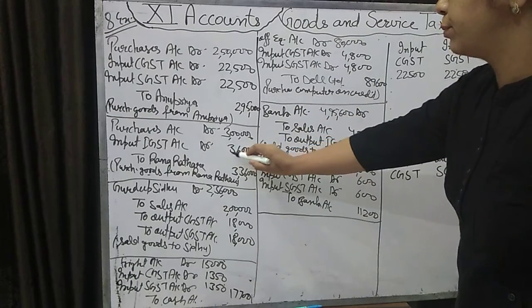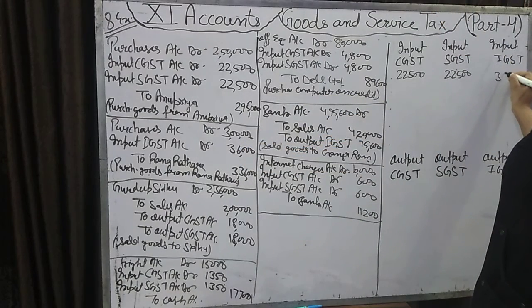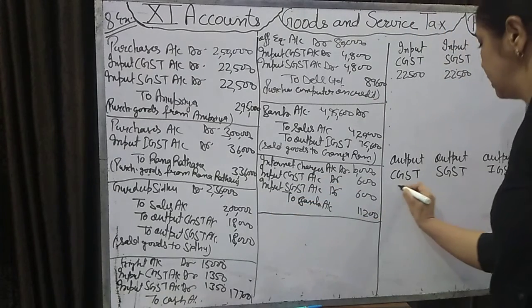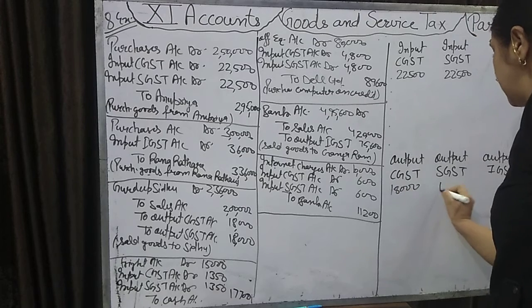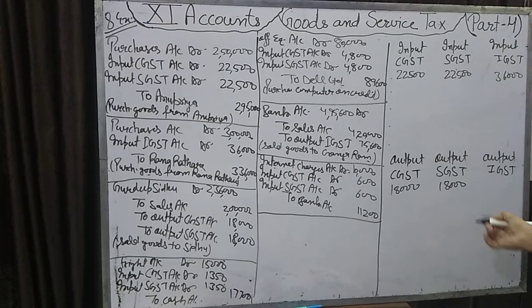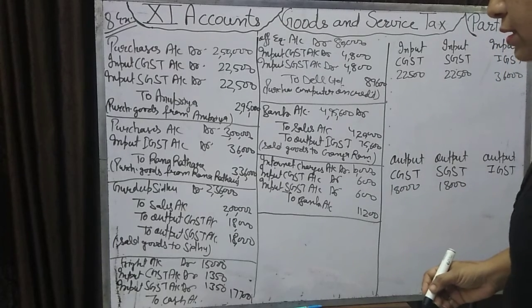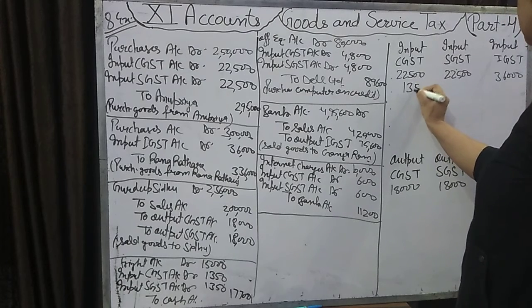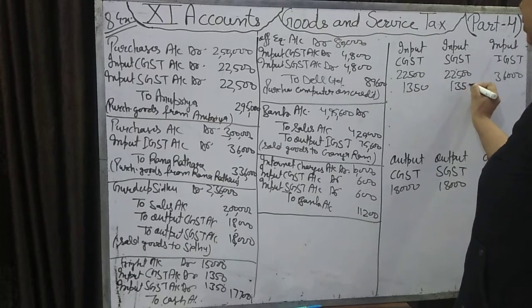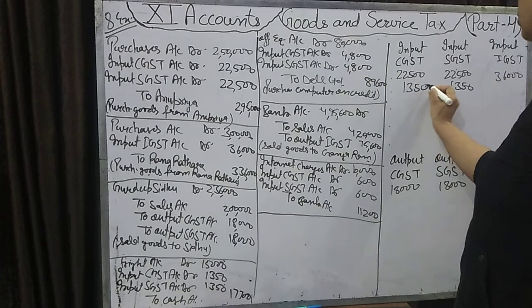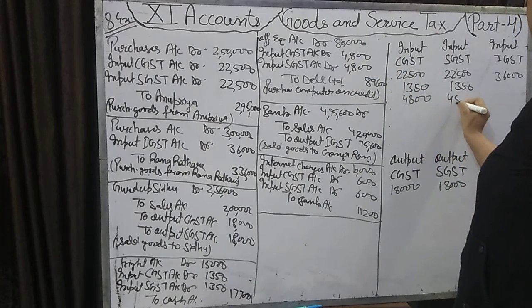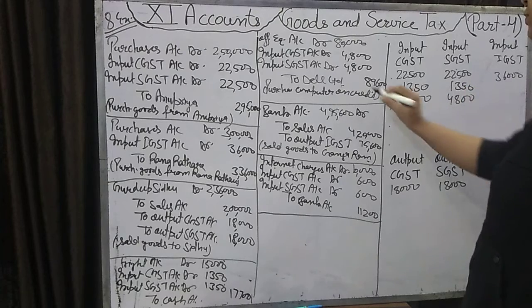In this entry input IGST 36,000. Here output CGST 18,000, 18,000. CGST and SGST are always the same. Now input CGST 1350 and 1350.